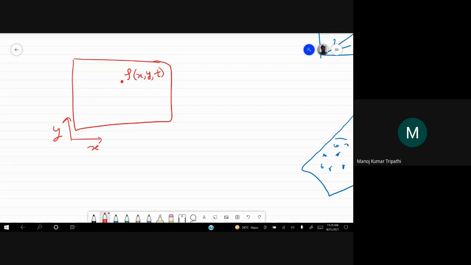Similarly, velocity is also a function of x, y, and time. Velocity vector, which includes x velocity as well as y velocity. You can say pressure is a function of x, y, and time, or viscosity is a function of x, y, and time. Any quantity that you have can be expressed as a function of x, y, and time.